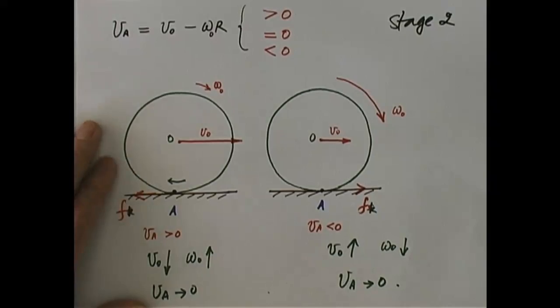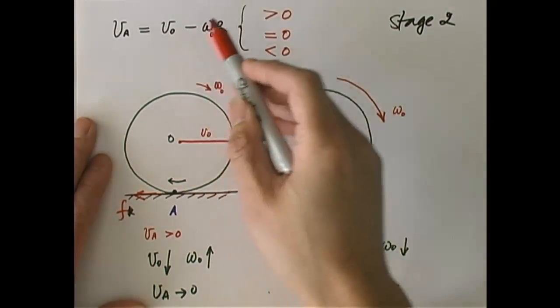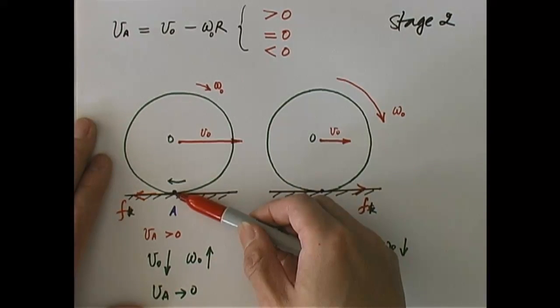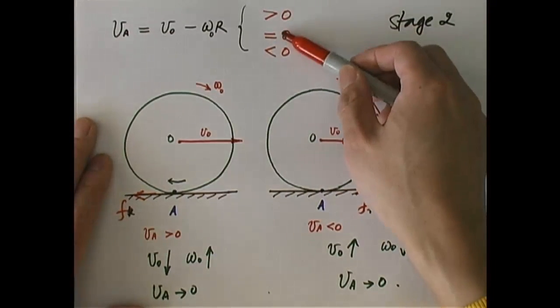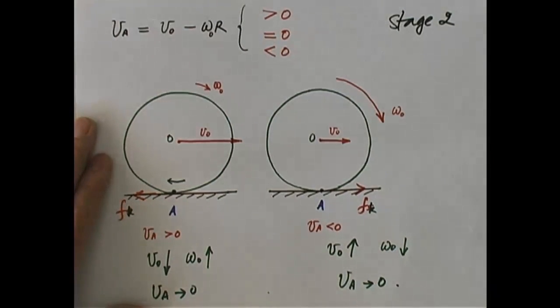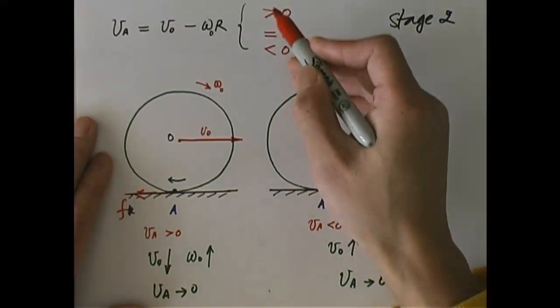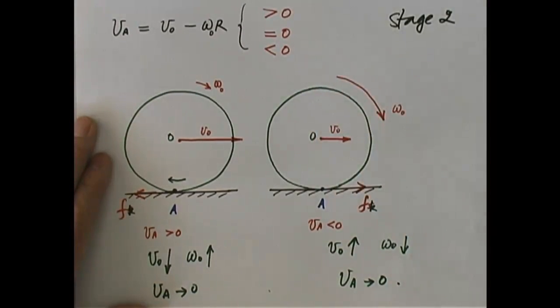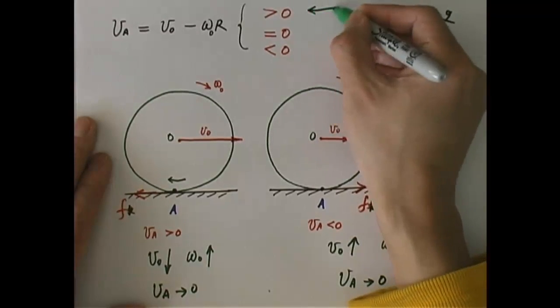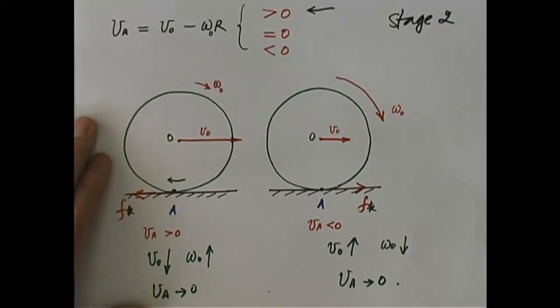In this case, after the collision, you have the sliding speed at the contact point greater than, equal to, or less than 0, and you can figure out VA using the impulse-momentum, angular impulse, angular momentum theorem. If VA is greater than 0 right after the collision, the point wants to slide forward, friction is backward, and you get what's called backward English, it's going to slow down.